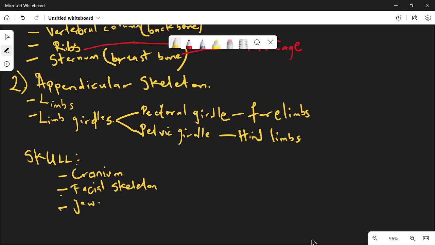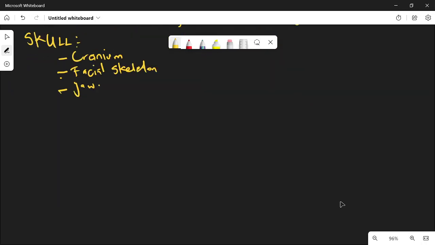The pelvic girdle consists majorly of three bones that are fused together. Number one, it has the anterior pubis.